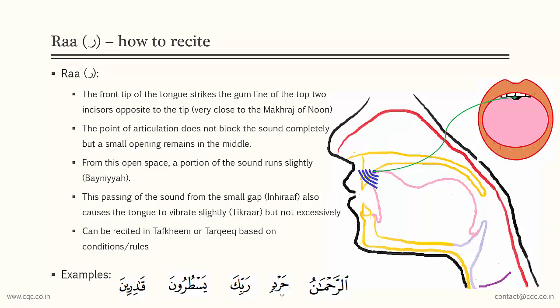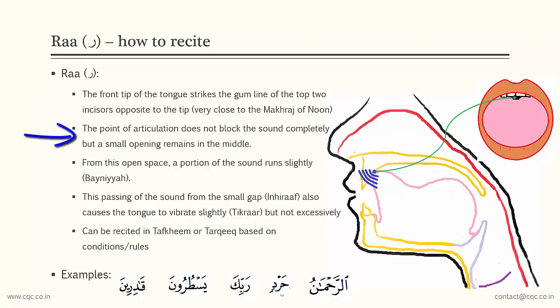Let's now have a close look at the letter Ra and try to understand how to recite this unique letter. Now from the makhraj point of view, the letter Ra is not very far from the letter Noon. So the front tip of the tongue strikes the gum line of the top two incisors opposite to the tip, quite close to the makhraj of Noon. But there is one unique aspect which gives Ra its various characteristics.